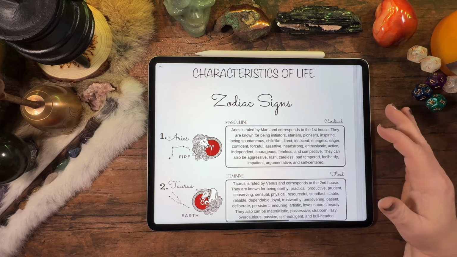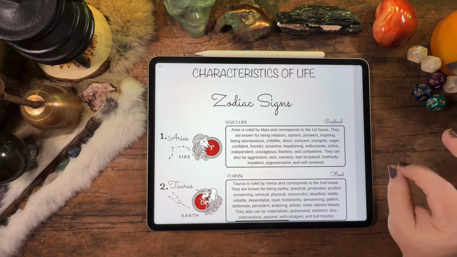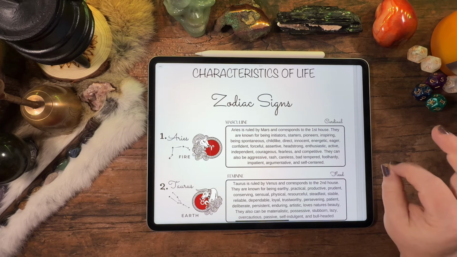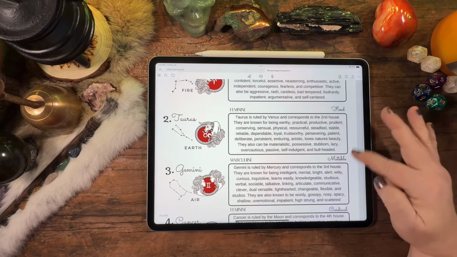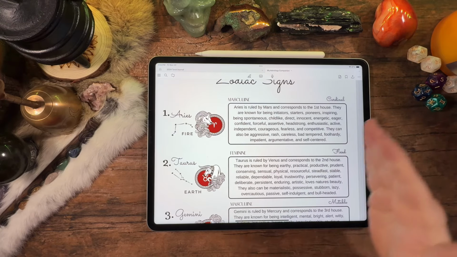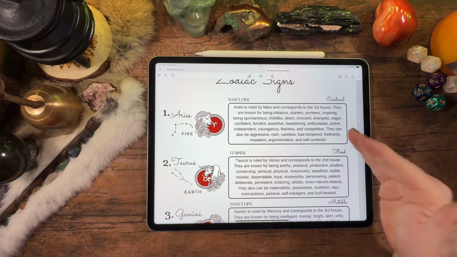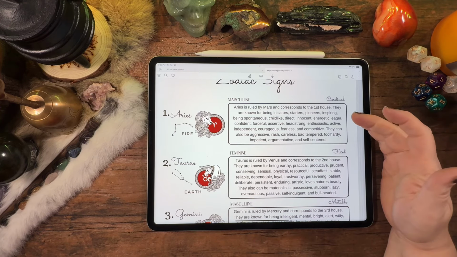I'm sorry, this is kind of all over the place, but Aries is considered a cardinal sign, which I have done a video on as well, because cardinal, fixed, and mutable are all based on the seasons, right? Cardinal is the beginning of a season. If the sun is in a constellation during the beginning of a season, that is considered a cardinal sign.